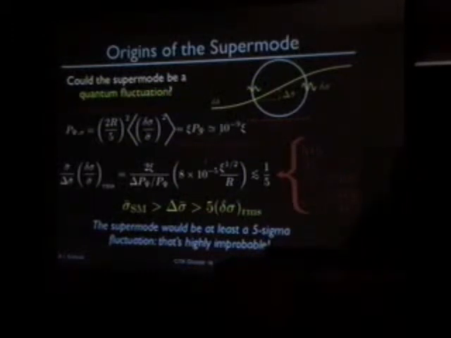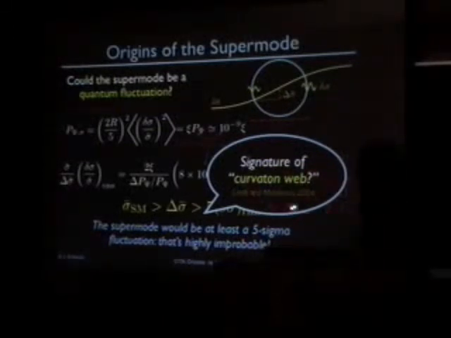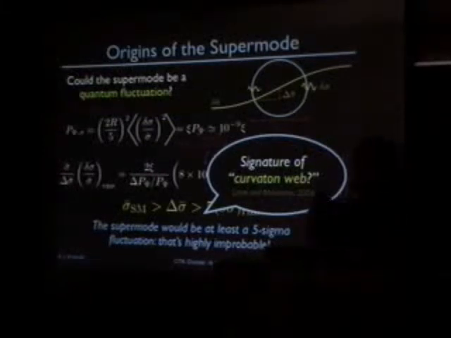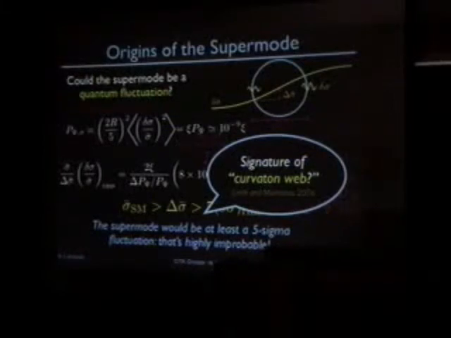So some other more exotic ideas that we'd like to throw out there for origins. This could be a signature of the so-called Curvaton web, that during inflation you have oscillations of the Curvaton around its 0 point. And these oscillations lead to cells that are bigger than the observable universe, where the Curvaton within each cell is frozen at some background value.